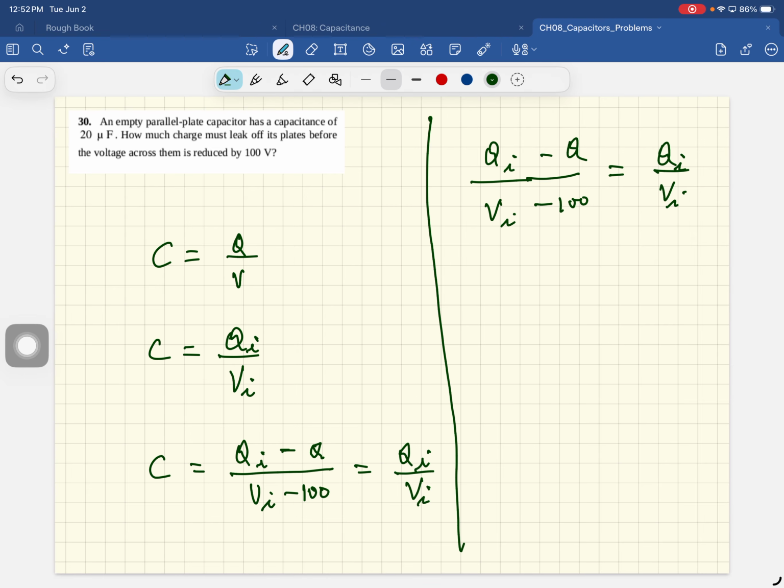All right, so here's the argument. Let's say the capacitor was uncharged, and you add this much charge to it, and the voltage increases by 100 volts. So when you remove that charge, it would decrease by 100 volts.